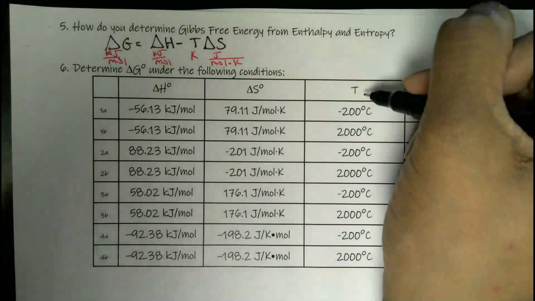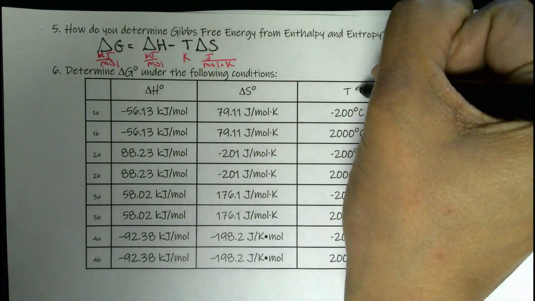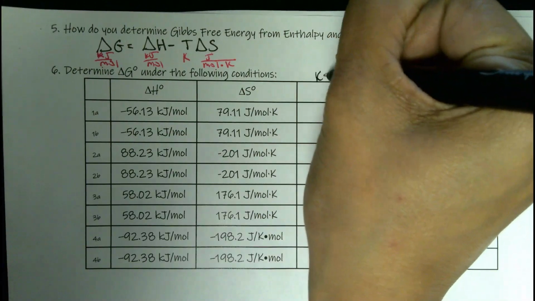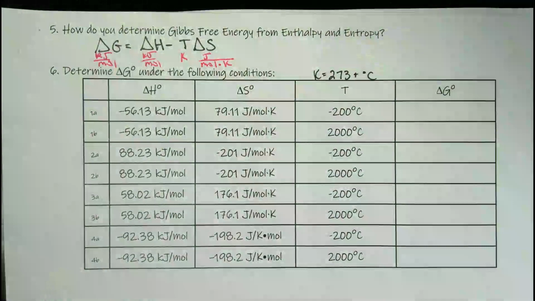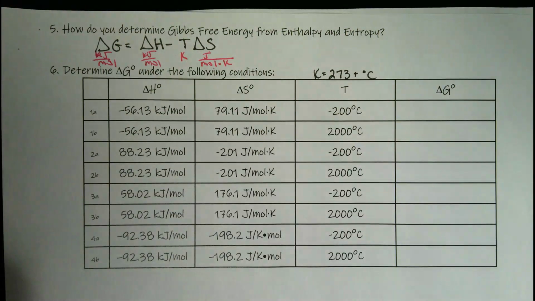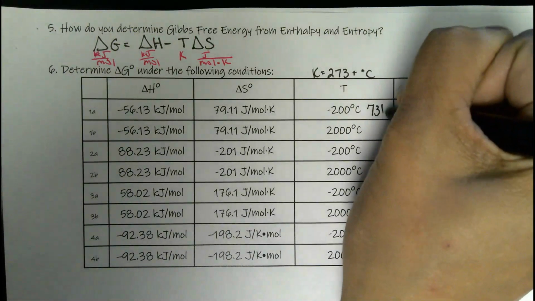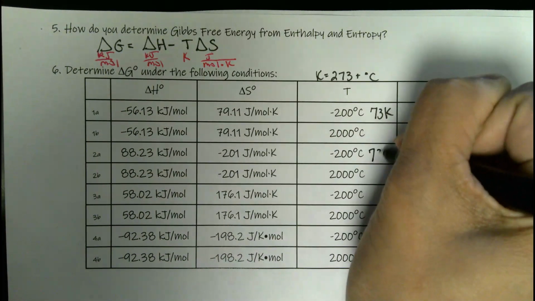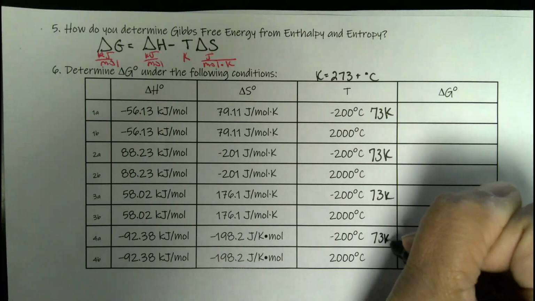So we need to make sure we do over here, Kelvin temperature. Don't forget that Kelvin is equal to 273 plus whatever your degrees Celsius is. Because this is negative 200 degrees Celsius, I'm adding that to 273. So that should be equal to 73 Kelvin. Same thing for all of these.